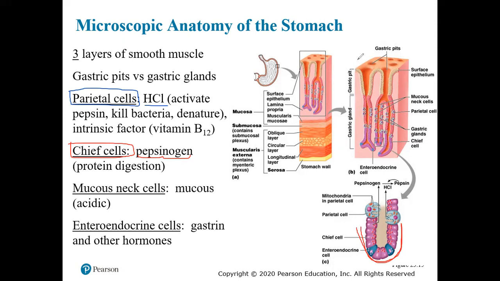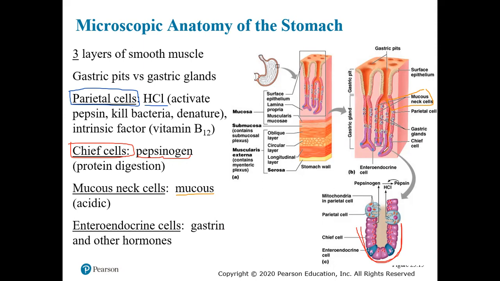Mucus neck cells are going to produce mucus, and they are located here. This is called the neck of the gland. So we have the chief cells secreting pepsinogen. We have parietal cells secreting hydrochloric acid, and then we have mucus cells secreting mucus.